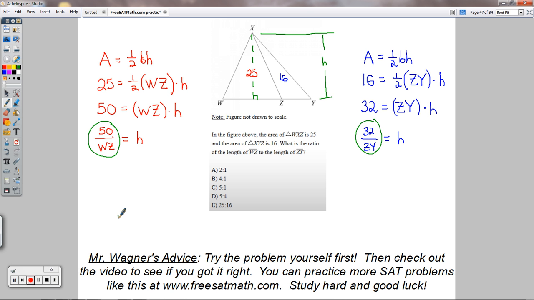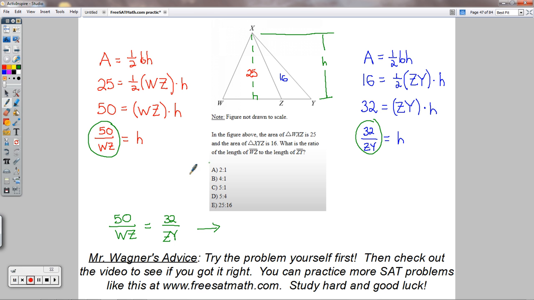So substitution says that 50 divided by WZ would have to equal 32 divided by ZY. And the means-extremes property says you can flip-flop these two. If you cross-multiplied and divided, you would find the same thing. It would just take a little bit longer, more steps. We're trying to find the length of WZ compared to ZY.